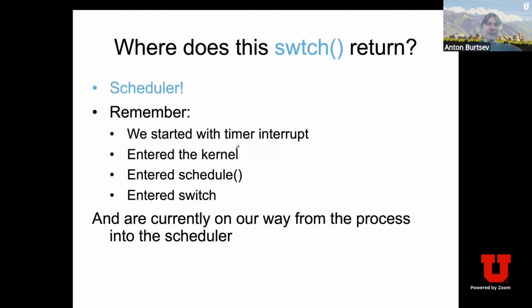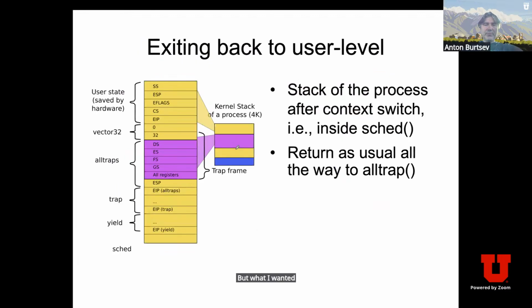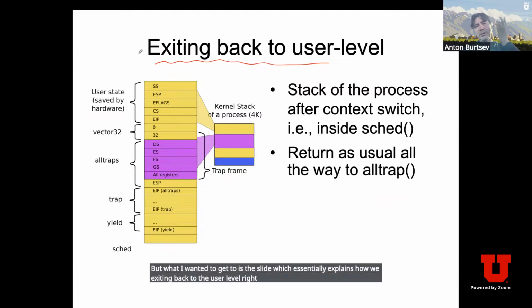those slides just repeat the same logic, from a process into the scheduler, back to a process, back to the scheduler, and so on. But what I wanted to get to is the slide which explains how we exit back to the user level. Every process which was forced into the kernel with a timer interrupt will have a kernel stack which looks something like this.